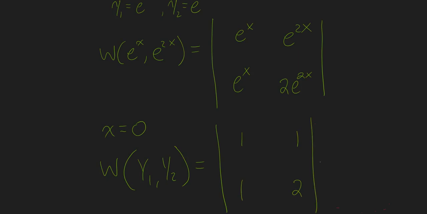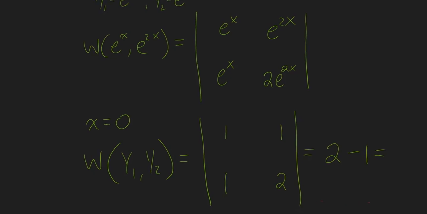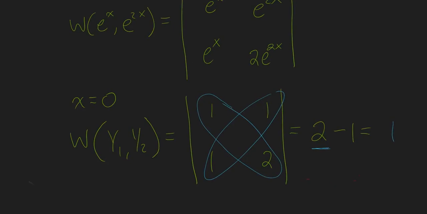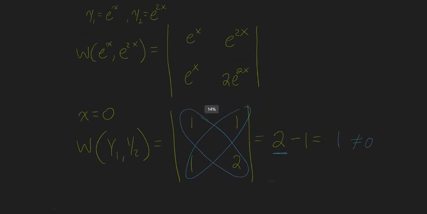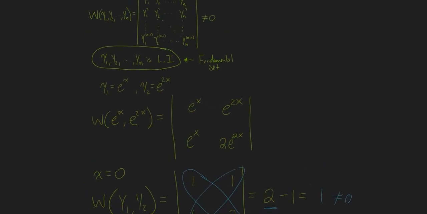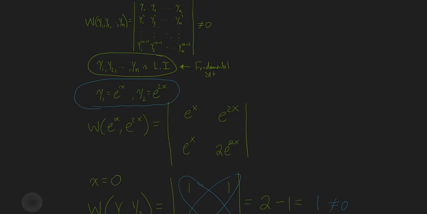So now we can find this determinant, which is a little bit easier, and then we'll have 2 minus 1, right, because we did 1 times 2, we got 2, and then we did minus 1 times 1, and this is equal to 1. And obviously 1 does not equal 0. So since that doesn't equal 0, we've shown that these two functions are linearly independent.